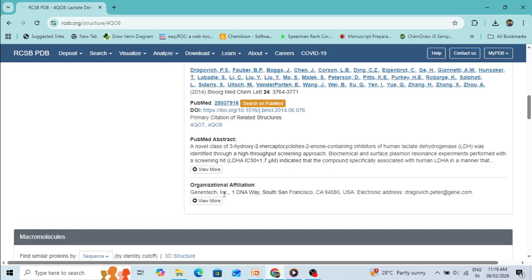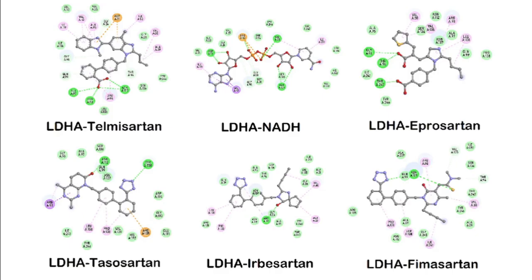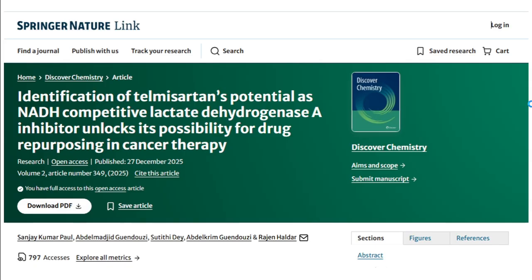And then you compare the interactions of your top hits, or ligands which have been shortlisted based on the docking score, with that of the reference ligand, and then analyze and justify. For better understanding, you can also go through our recently published research article where we have explained it elaborately. In this article, we have compared the binding pattern of NADH, which is a cofactor for the lactate dehydrogenase A enzyme, and telmisartan.